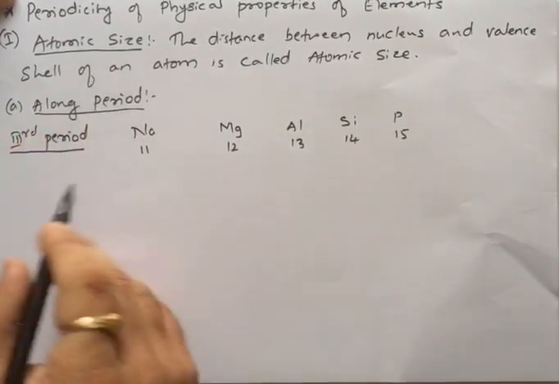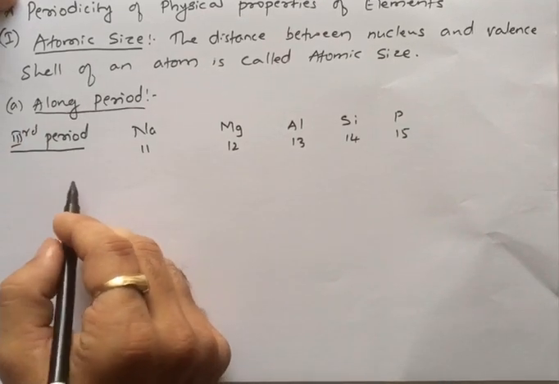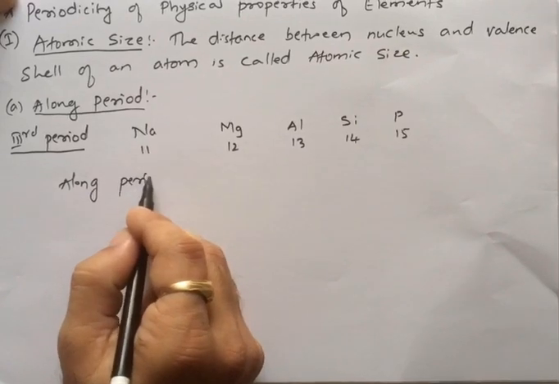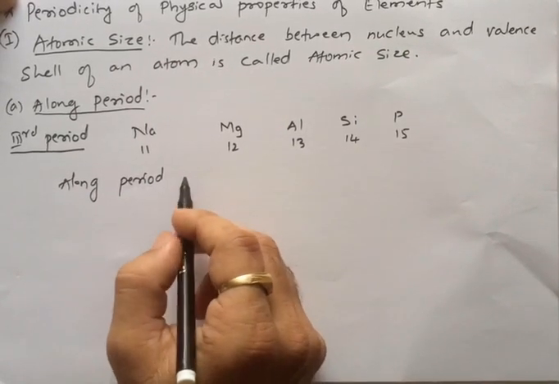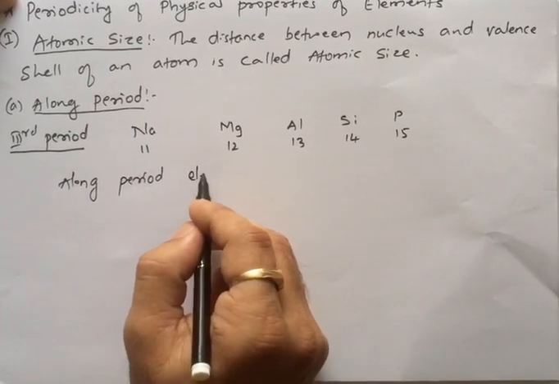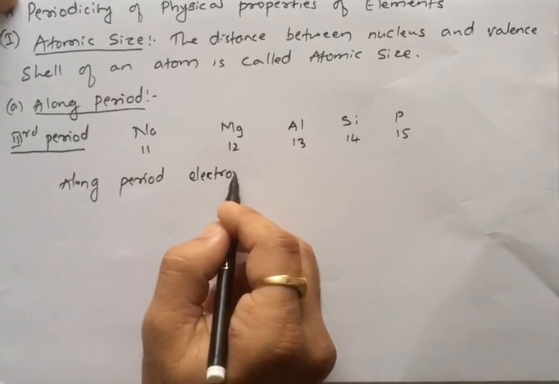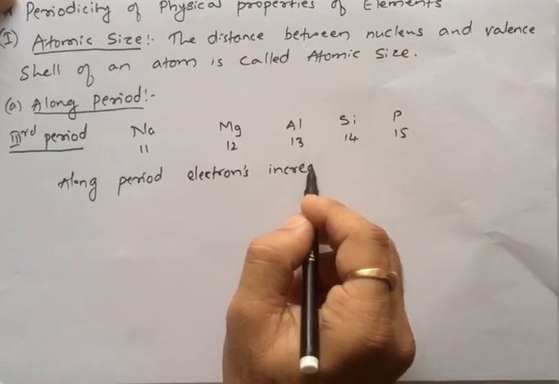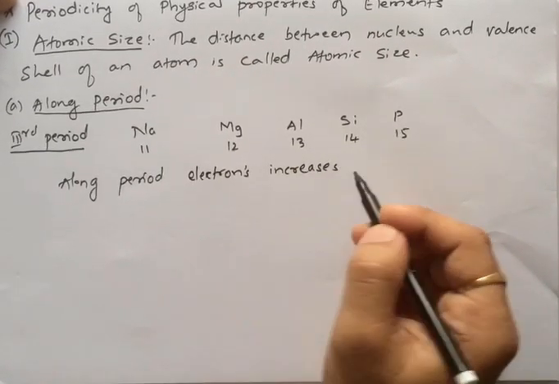Correct? See, along period, electrons increases. Correct or no?